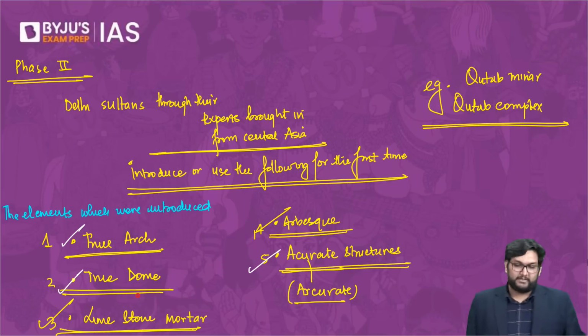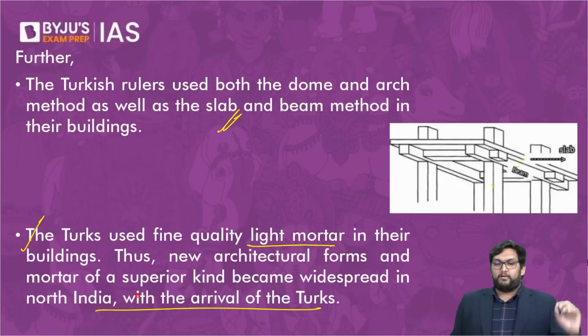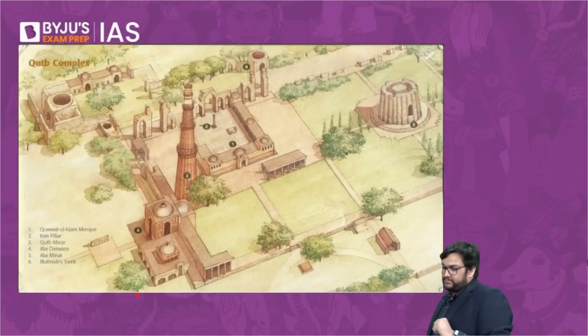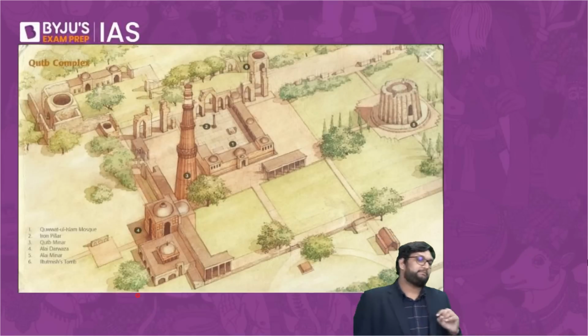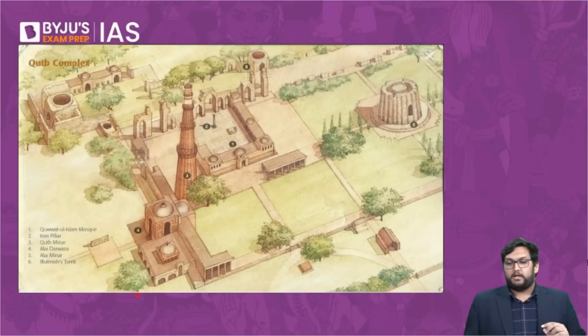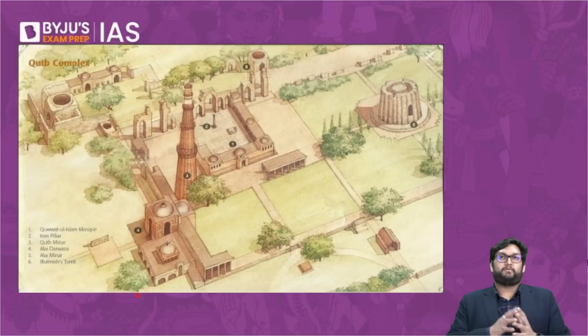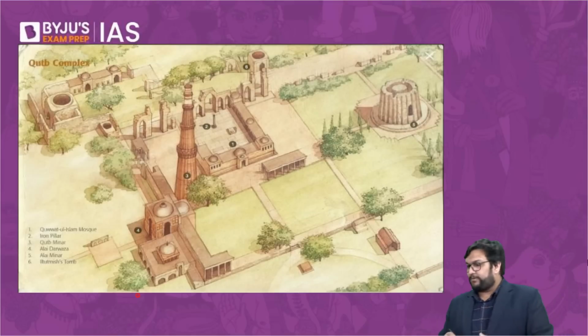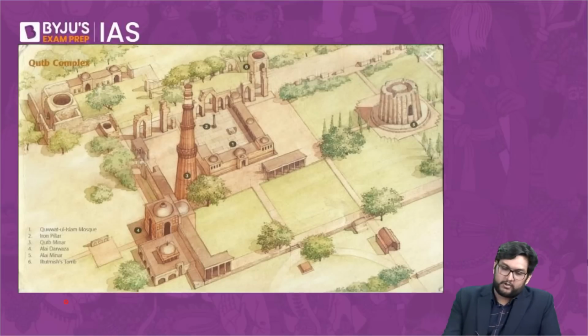Okay. Now, if you look at the Qutub complex, it is basically considered the blend of the old and the new. In the Qutub complex, if you've ever been to it, you have the Quwwat-ul-Islam Mosque. This is the Chandragupta II Vikramaditya iron pillar.